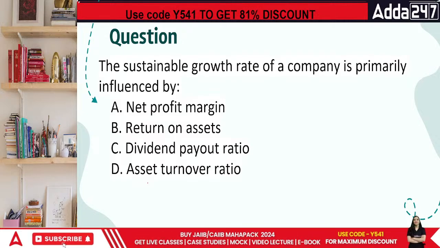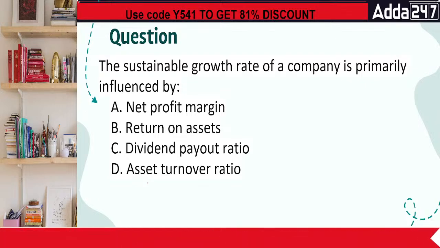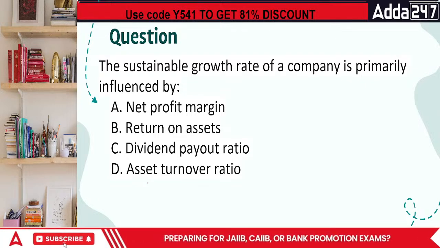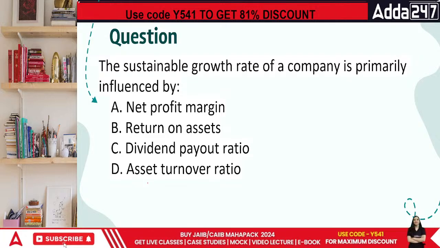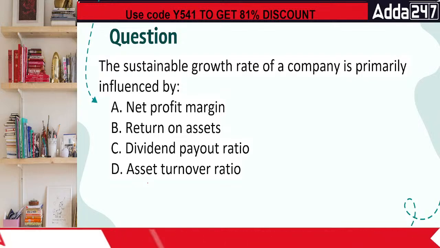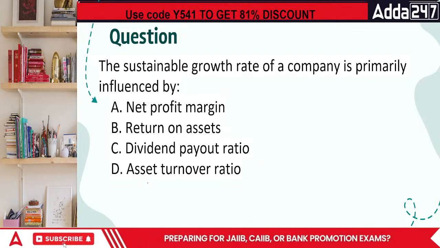The sustainable growth rate of a company is primarily influenced by net profit margin, return on assets, dividend payout ratio, or asset turnover ratio.